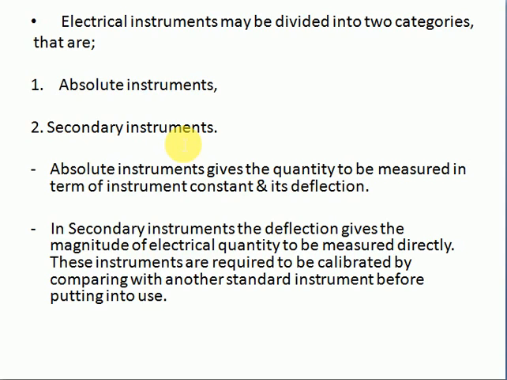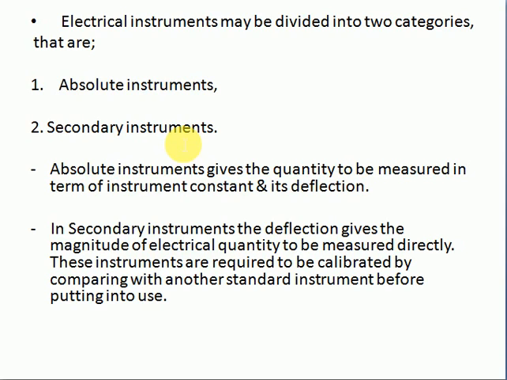Okay, so an absolute instrument gives the quantity to be measured in terms of instrument constant and its deflection. Okay, means these instruments read the quantity under measurement indirectly, like in terms of deflection or in terms of degree and meter constants also.